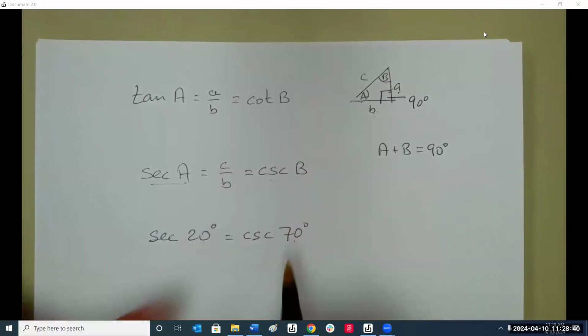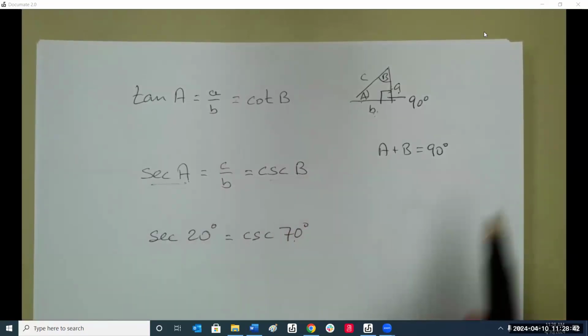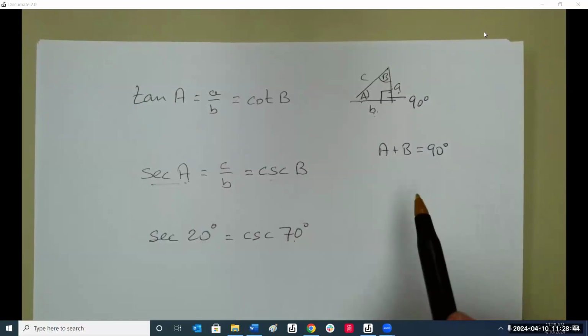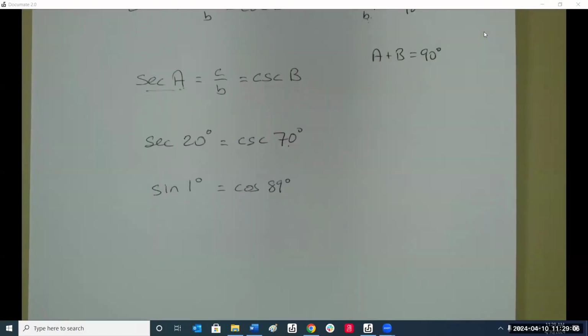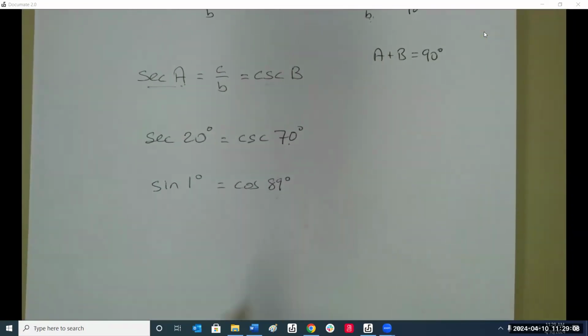Both of these have to equal 90 degrees. They have to be complementary to each other. So cofunctions work with complementary angles. Sine of 1 degree is equal to the cosine of 89 degrees, because the two angles have to add together to give you 90 degrees.